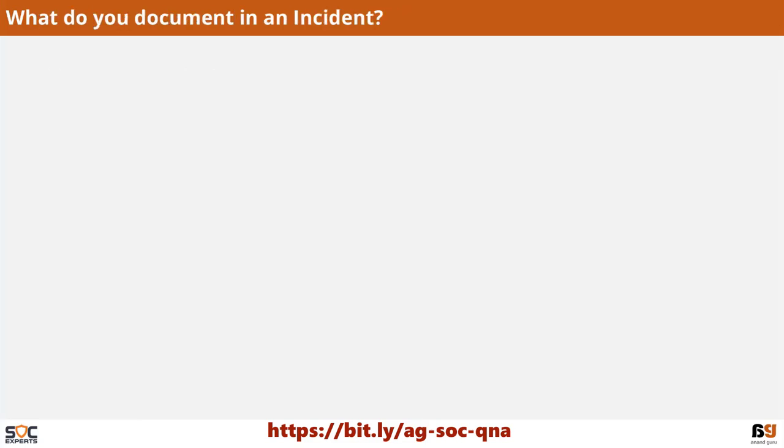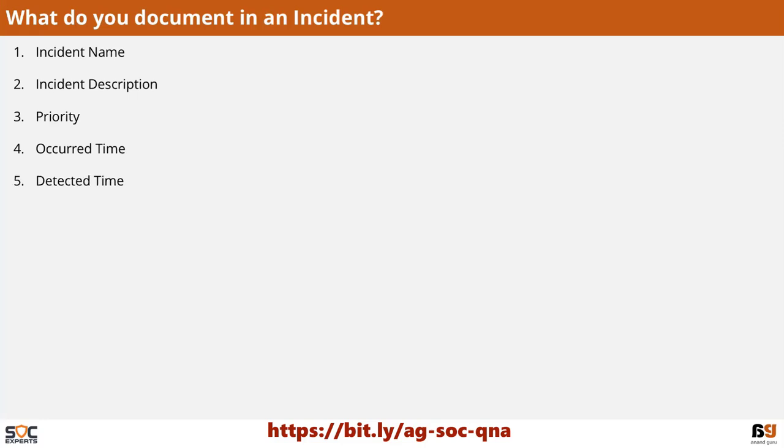What do you document in an incident? We should document things like incident name, incident description, the priority of the incident, when it occurred, when it was detected, reported by, typically the SOC team, assigned to the incident response team or endpoint security, network security teams, affected host, IP, user, business unit.